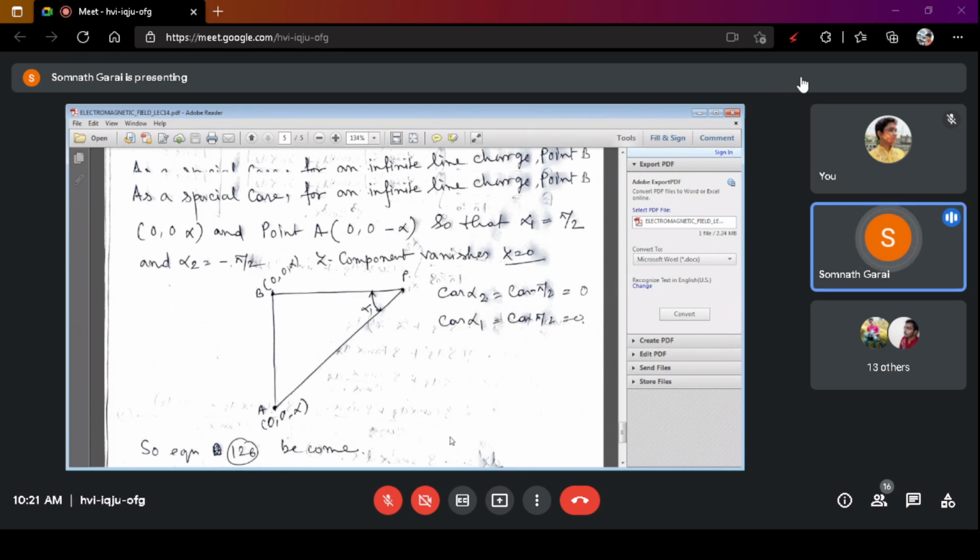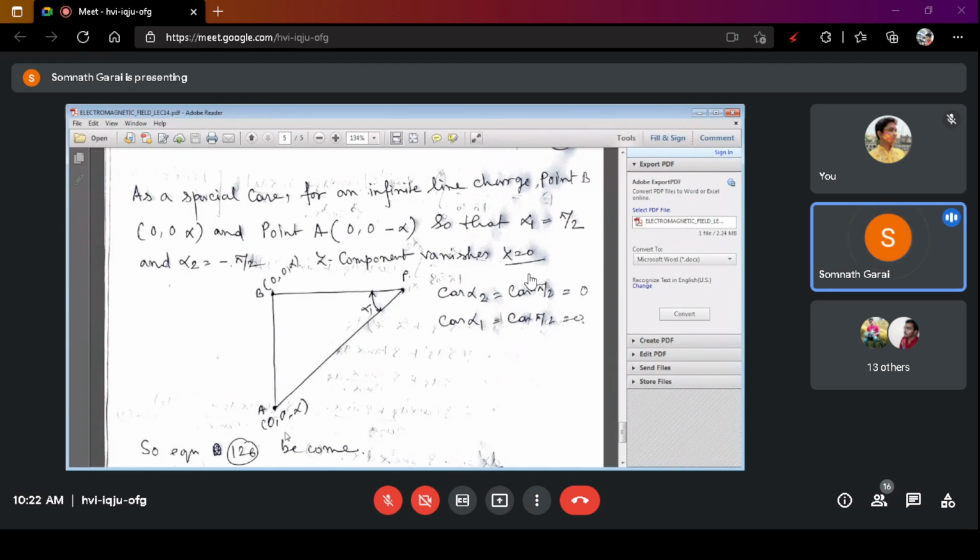Okay, so for this line, point B has the vector location 0, 0, alpha, and point A has the vector location 0, 0, minus alpha. One is positive infinity, another is negative infinity, and the line is in between.